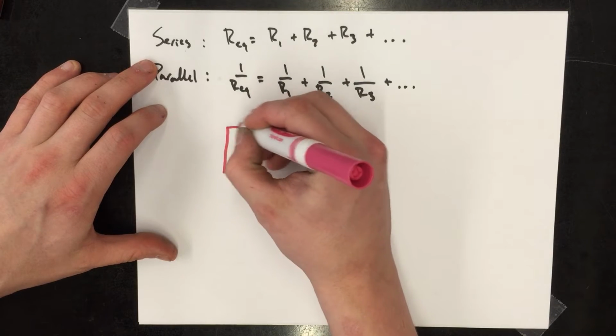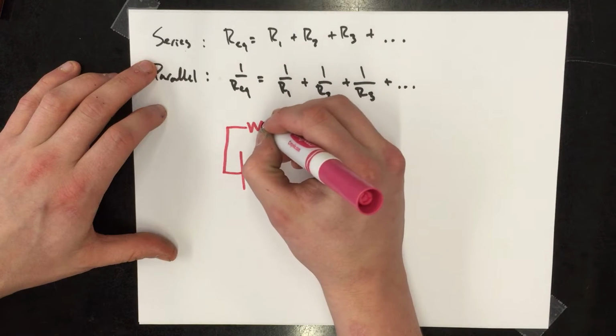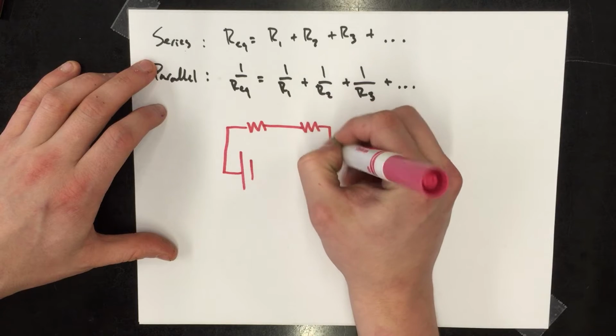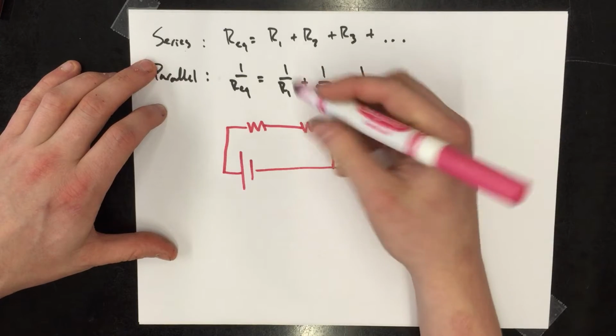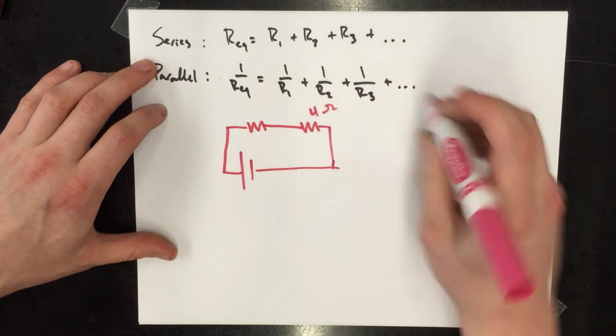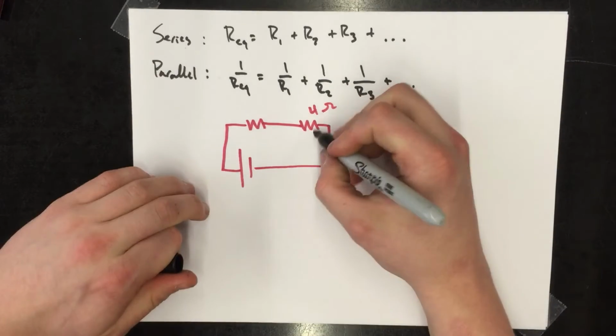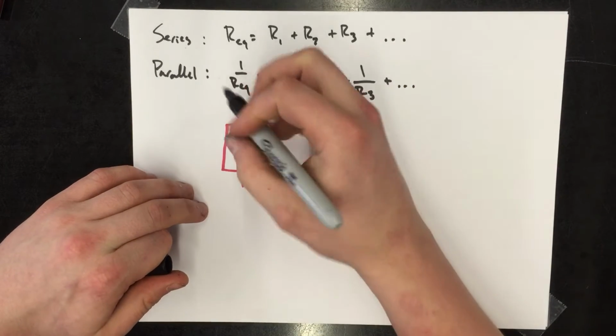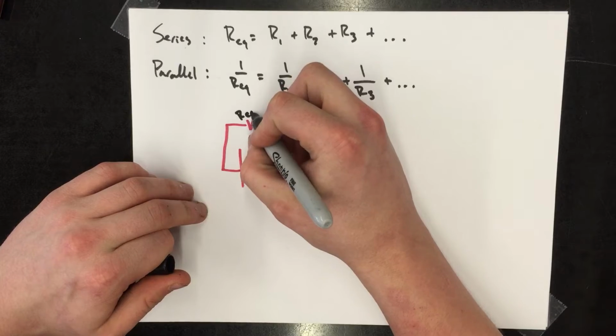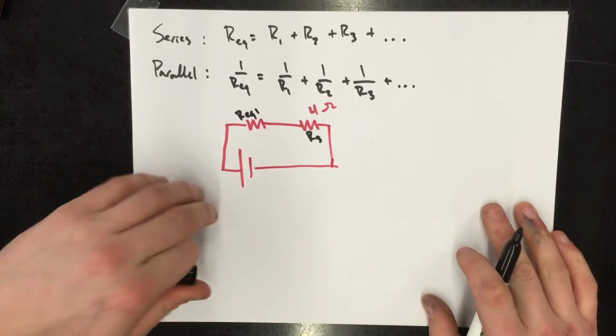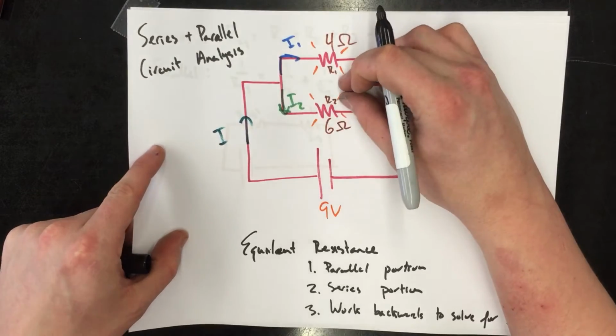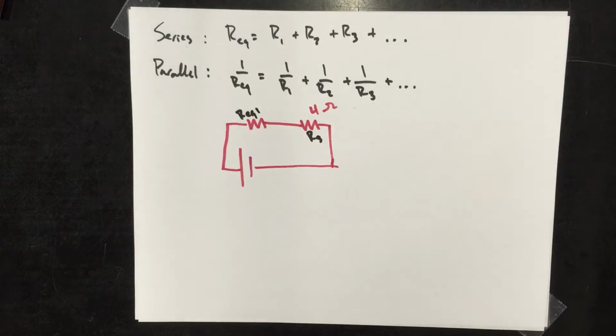Our circuit should look something like this, where this is still going to be my 4 ohm R3, but now over here I'm going to call this REQ1, my first equivalent resistance. I've taken these two and combined them into one.